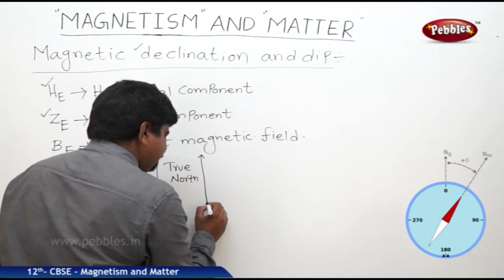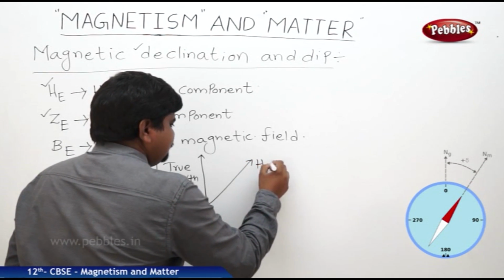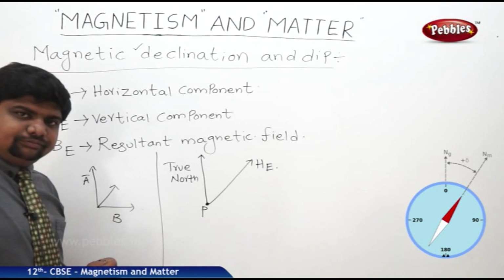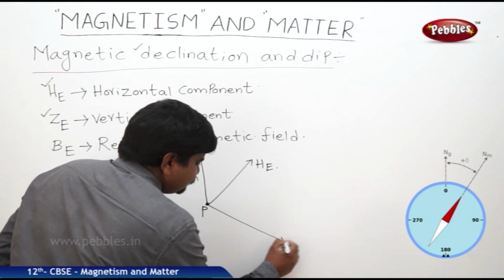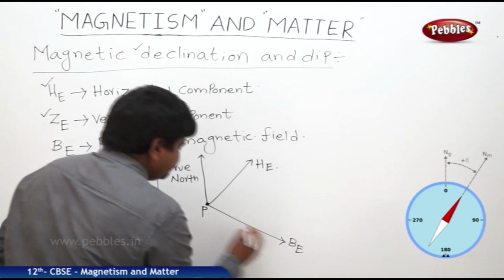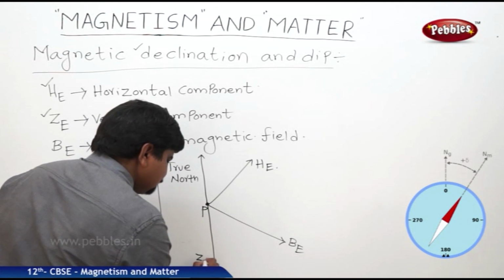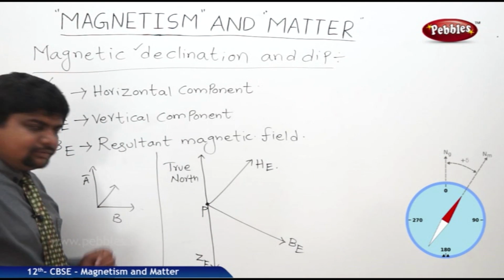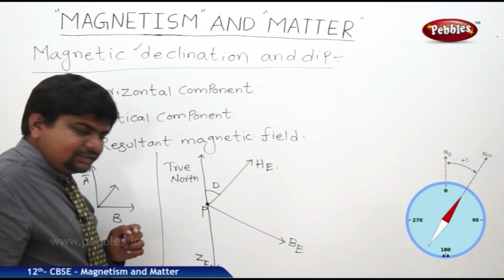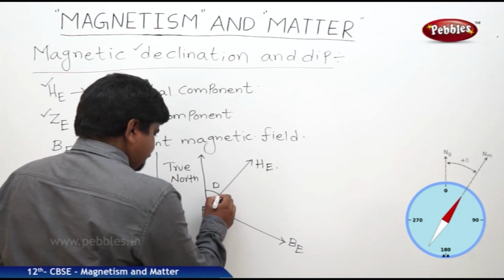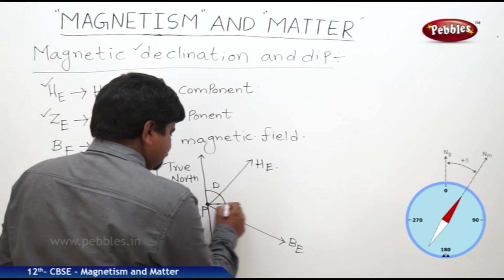So the total magnetic field will be resolved as HE, BE and exactly downwards vertical ZE. So this is angle of declination. So this is angle of inclination. This is an axis which is passing through it.